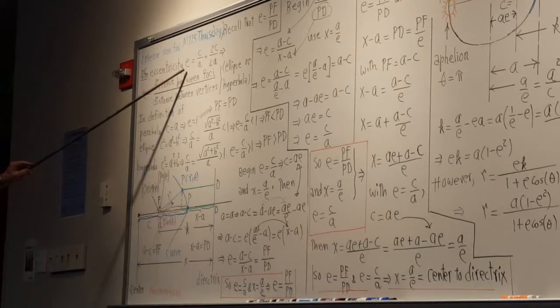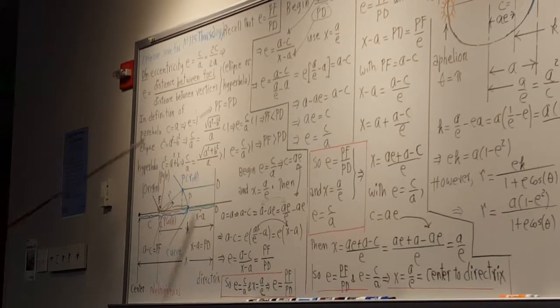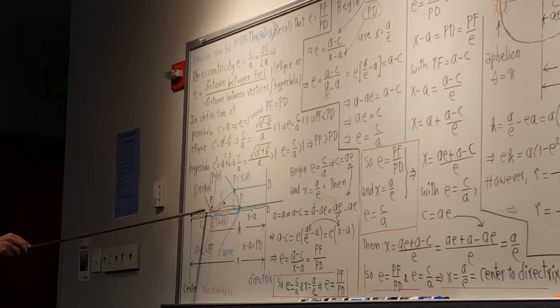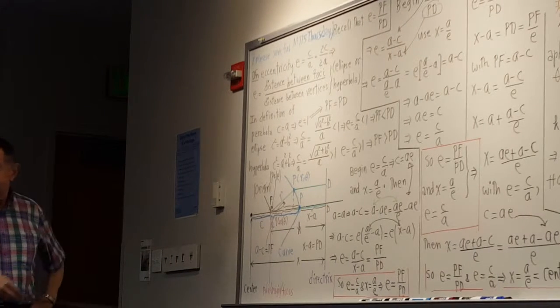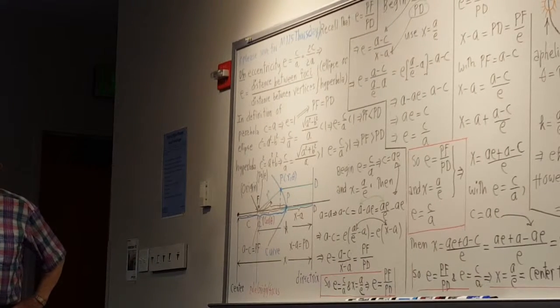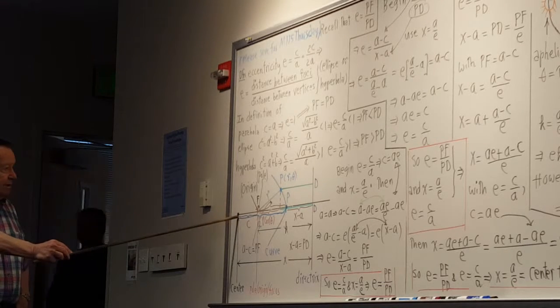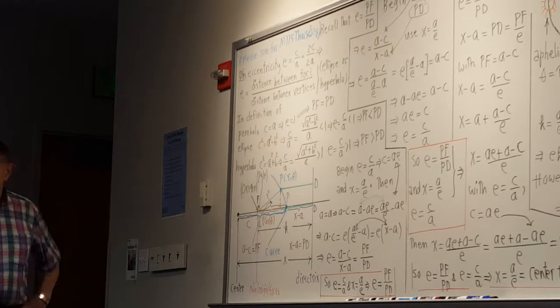We defined eccentricity as c over a, where if you have the center of your figure at some point, c is the distance to the focus or a focus, depending on whether you're talking parabola or ellipse or hyperbola, and a is the distance from the center to the vertex on your curve.